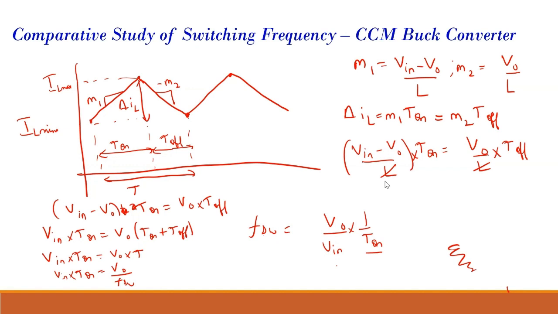Similarly, if you want to do it for off time also, you just have to change this T on in terms of T minus T off, and write it down.